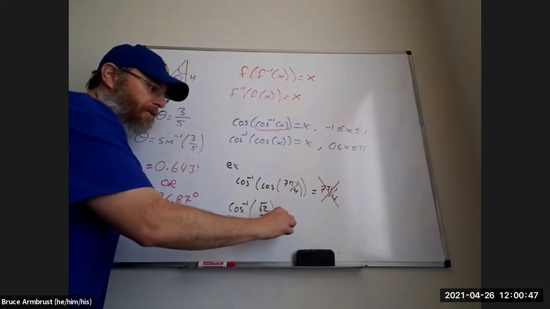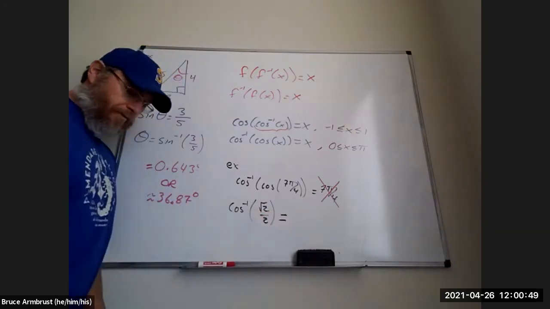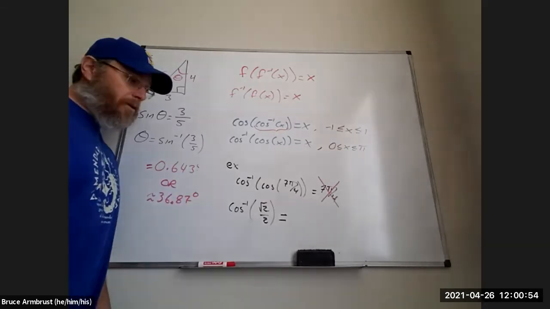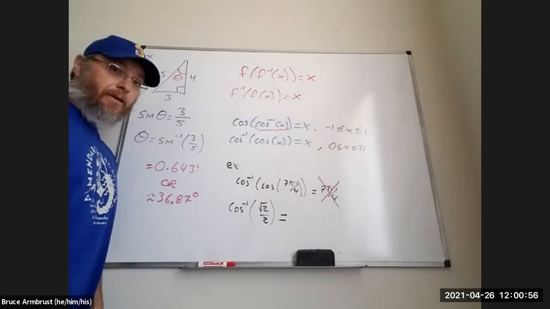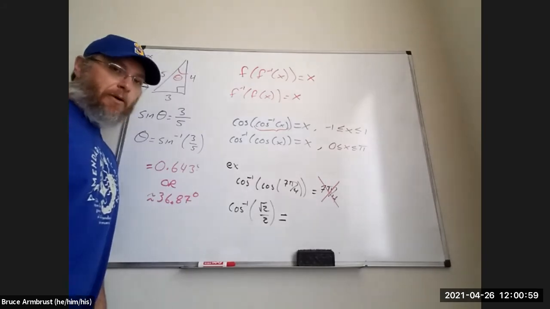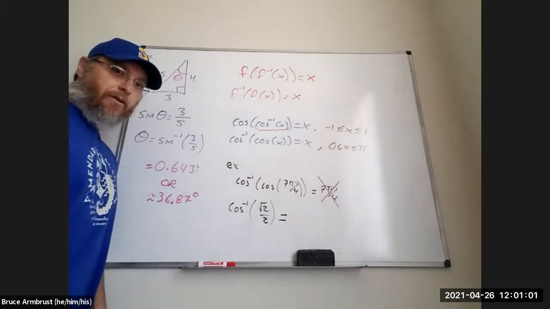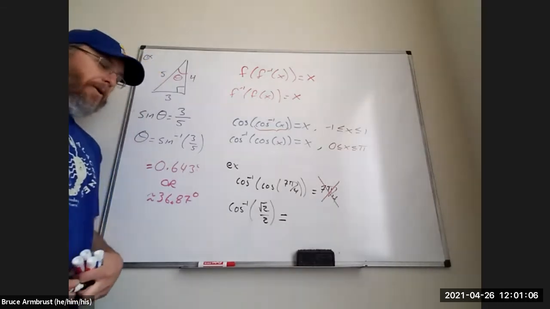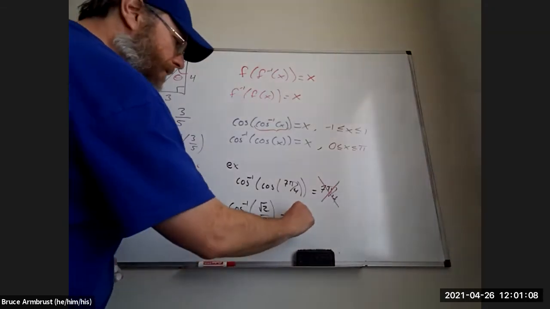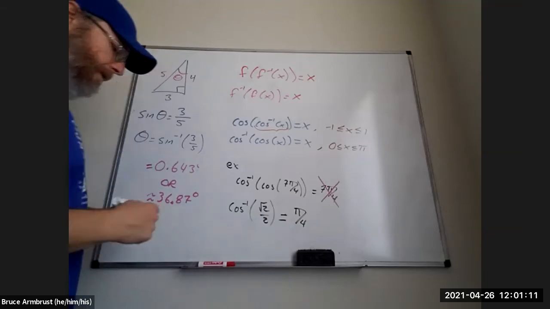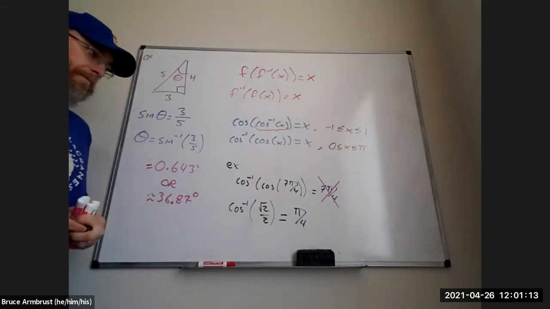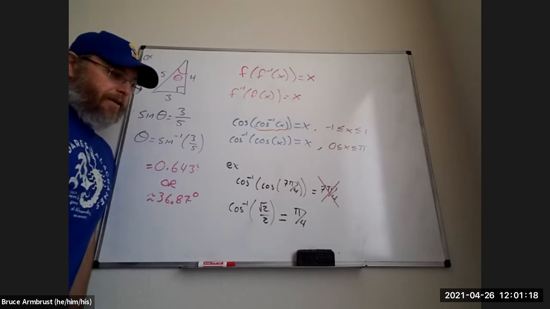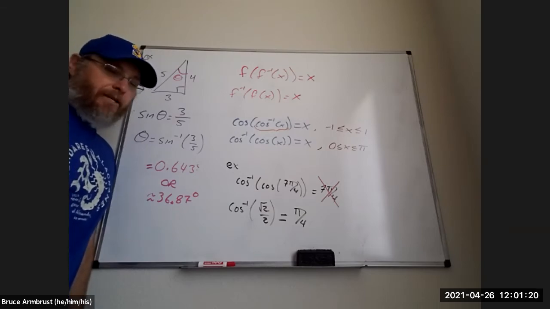Okay, so now we're going to do the inverse cosine of root 2 over 2. So it's going to give us an angle whose cosine is root 2 over 2. But that angle has to be between 0 and pi. It has to be in the top half of our chart. And so if you start at 0 and start working your way down, you don't have to go very far until you run into pi over 4. So in this case, the answer is going to be pi over 4.